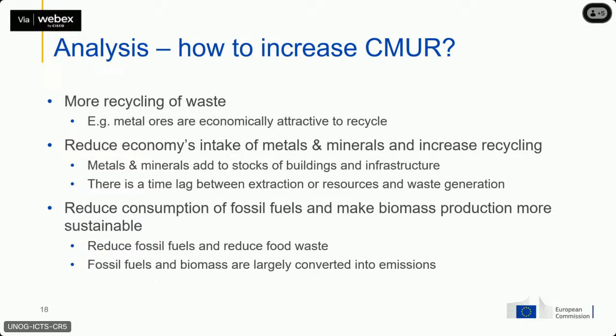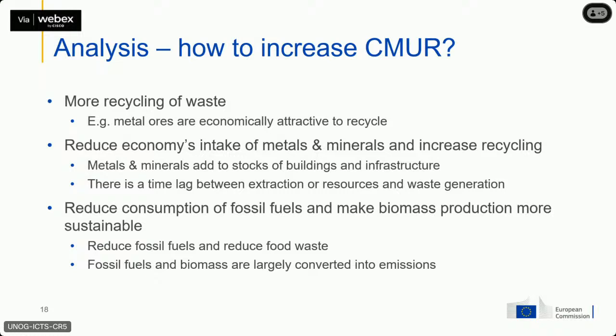Here, something that must be considered is also that metals and minerals have a very long life cycle. Many of them are stored as part of buildings and infrastructure. So if we can make these buildings and infrastructure to live for longer, the durability extension also contributes to improve this indicator.